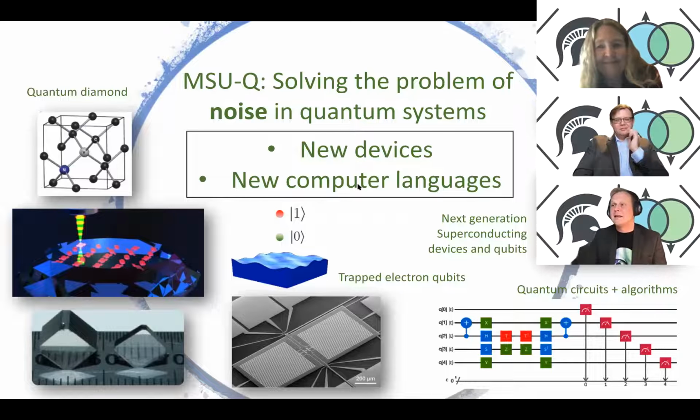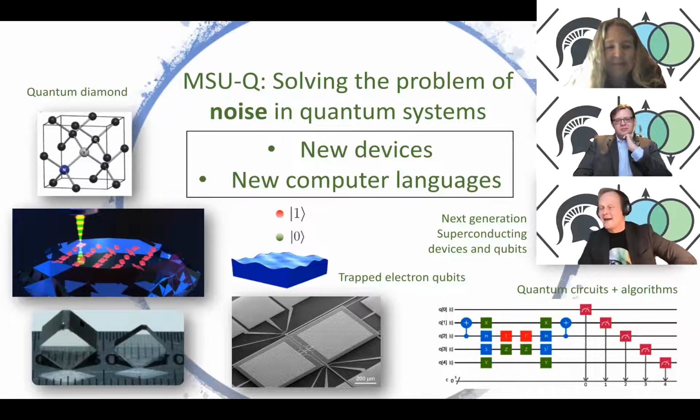It involves creating new computer languages. And these are just some of the areas in which MSU is really leading the way, in developing new kinds of quantum diamond qubits, which I'll say a little bit more about, and developing new programming languages down here in the bottom. My group and our startup company is developing new kinds of qubits that are hopefully going to be really well protected from noise, based on trapped electron systems.